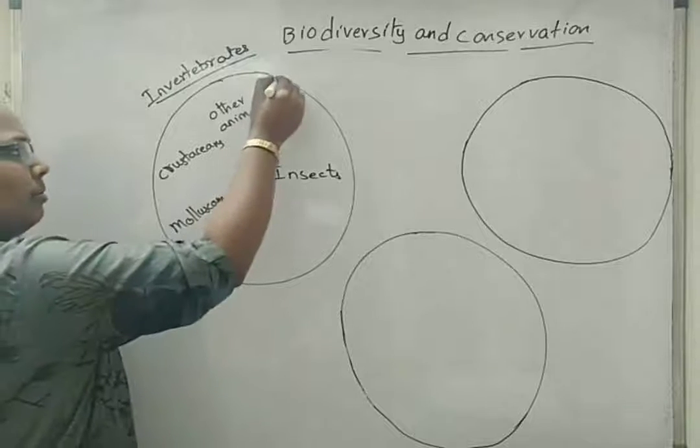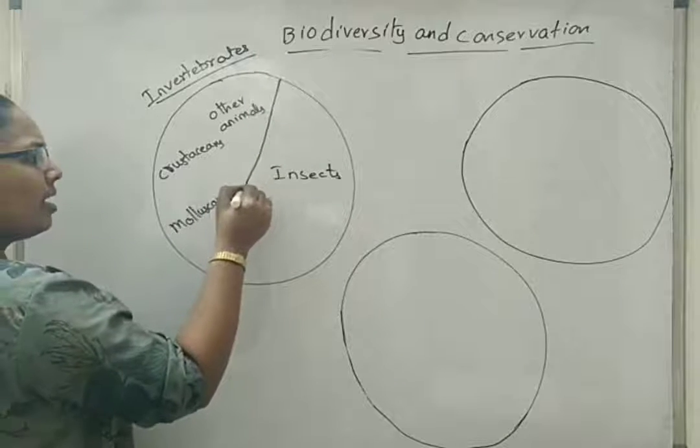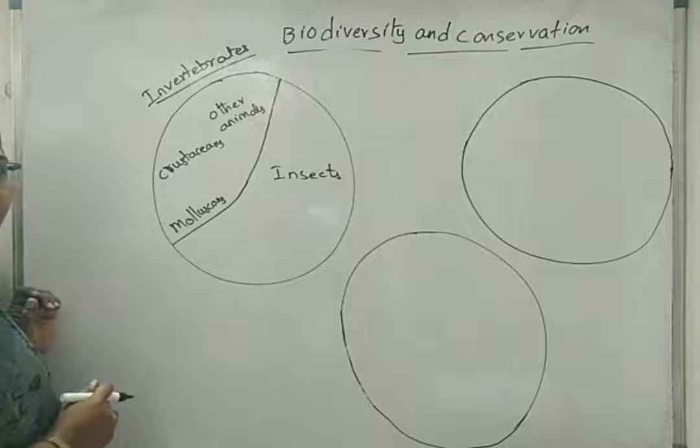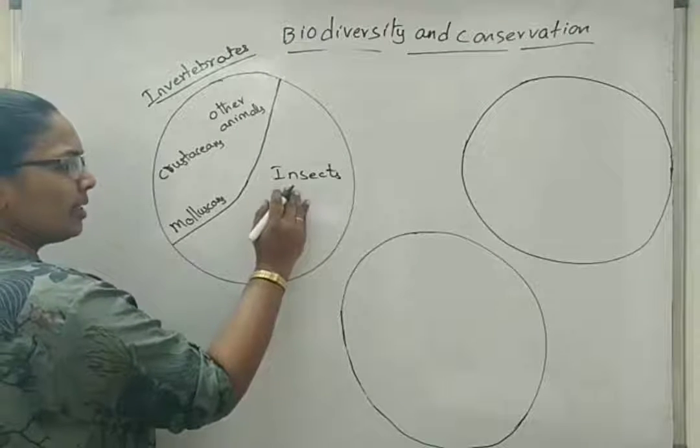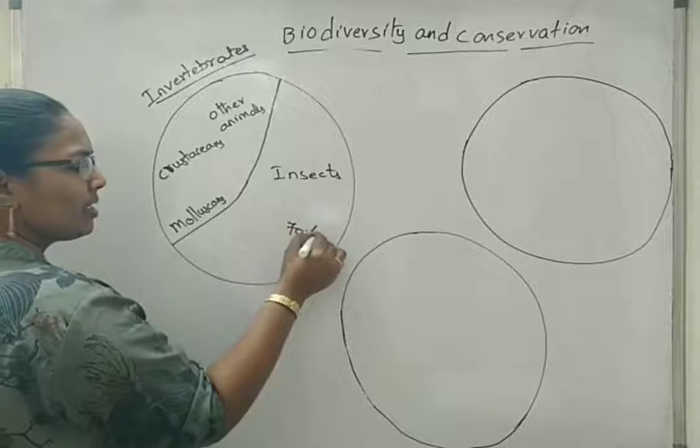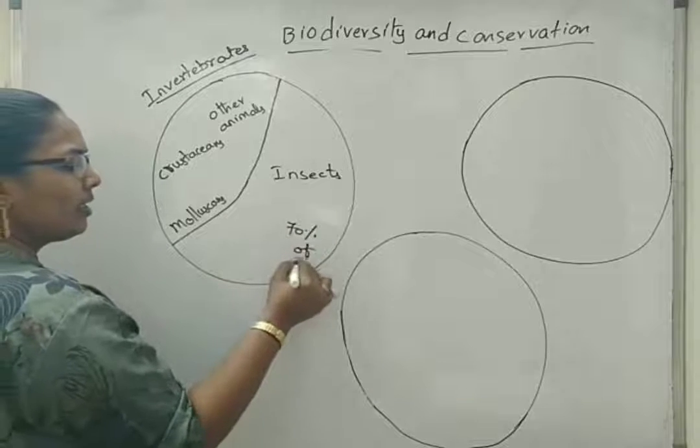Here, more insects are present compared to other types of organisms. So insects, the invertebrates, constitute 70% of that animal share.